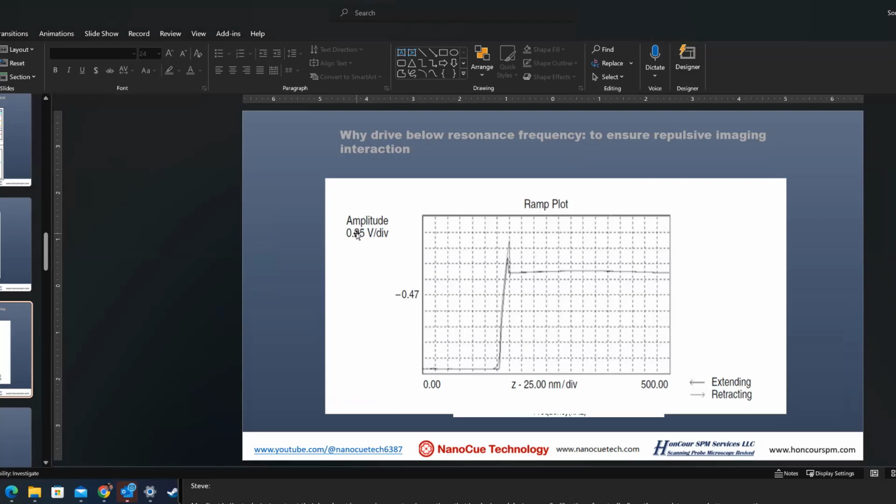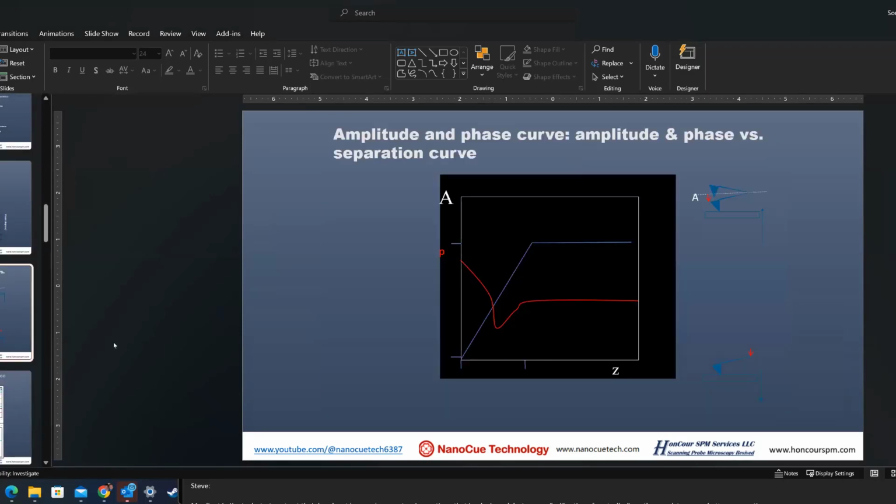Yes, this is a very interesting aspect of tapping mode. In the first presentation I showed a force curve using contact mode, and there was a very large pull-off force.